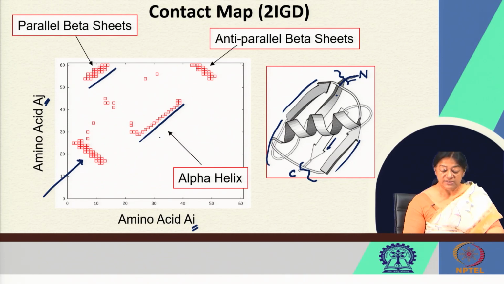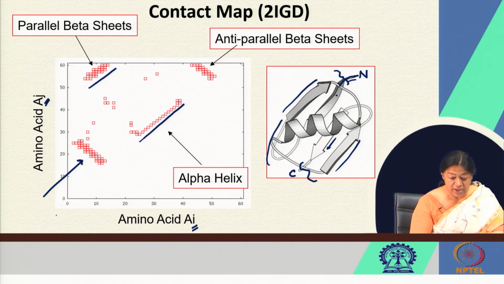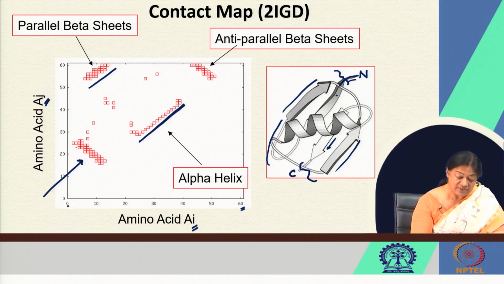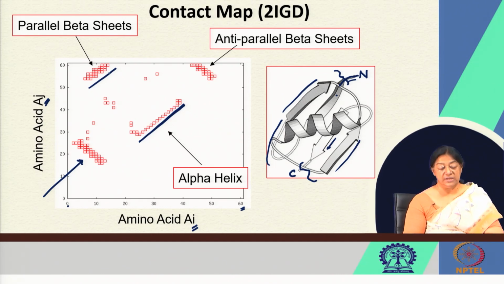So, now say we did not have the structure on the right, from the information present here we are going from residue number 1 to residue number 60. We can identify where we have the alpha helix in the protein, where we have the antiparallel beta sheets in the protein, and where we have the parallel beta sheets in the protein.